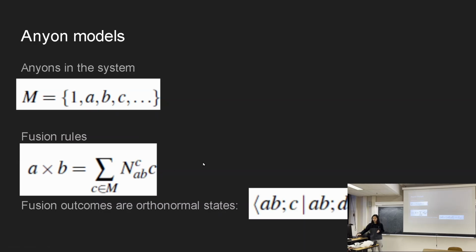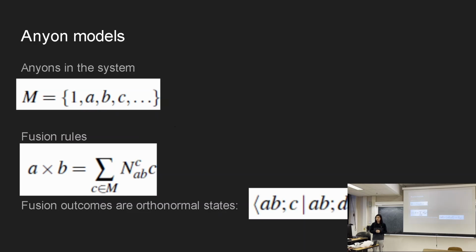N is the multiplicity. That's the number of ways you can get C from fusing A and B. Usually we just consider it to be 0 or 1. So you could say A fusing with B can be 0, can be 1, or it could be A or C, and that means there are three different ways that fusing A and B can occur.